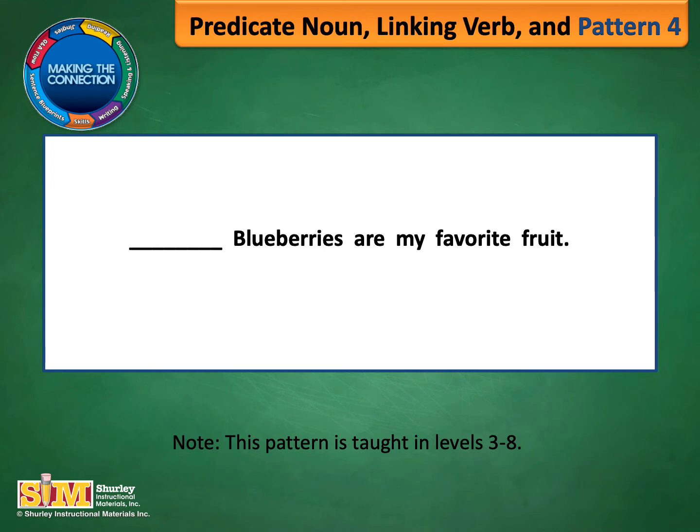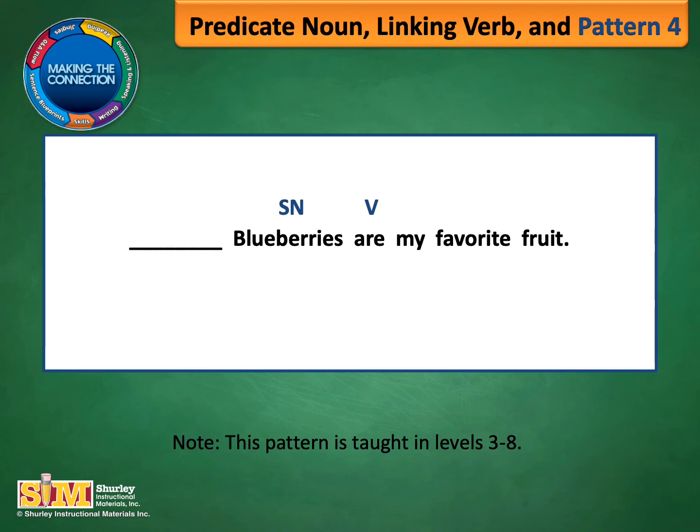Allow me to demonstrate the Q&A flow to label and classify the example sentence correctly. Ready? Blueberries are my favorite fruit. What are my favorite fruit? Blueberries. Subject noun. What is being said about blueberries? Blueberries are. Verb. Blueberries are what? Fruit.